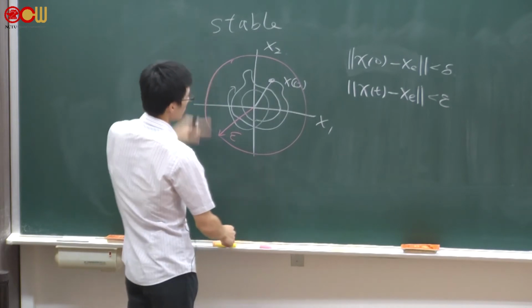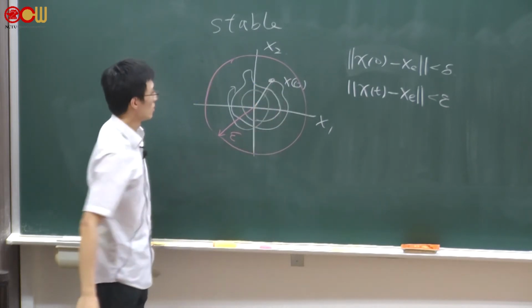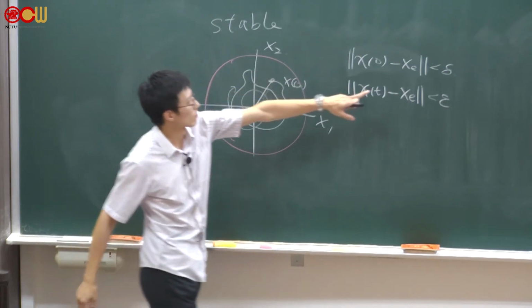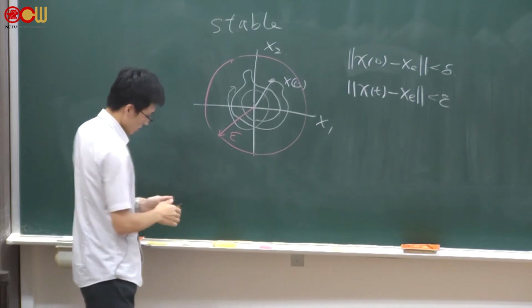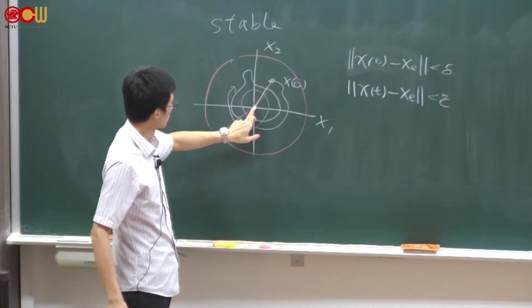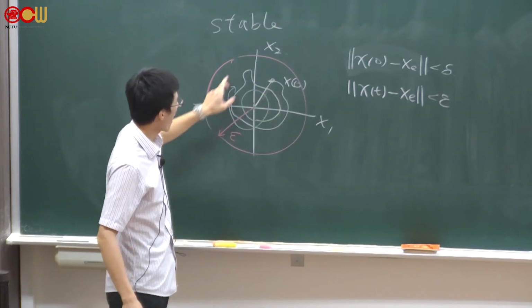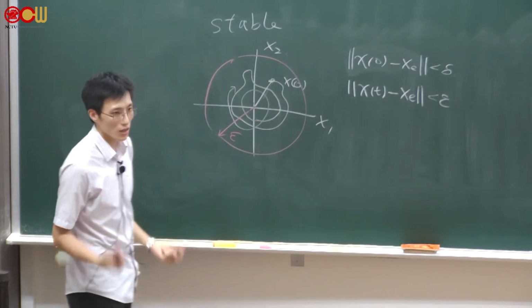Okay, and this is smaller than delta. And the radius of this disk is epsilon. So it starts near the equilibrium point, and the trajectory x(t) will remain within a certain distance. That's called stable, right?